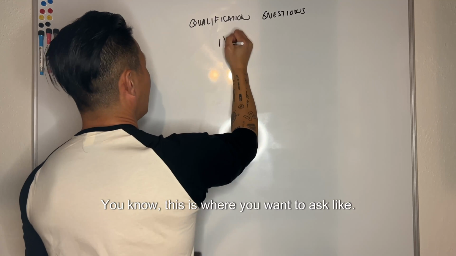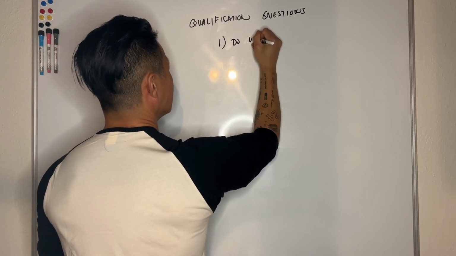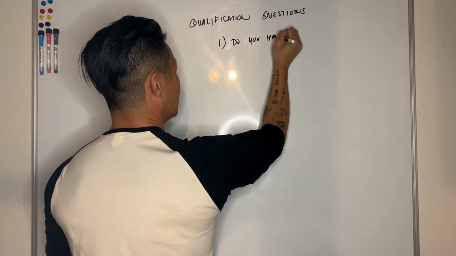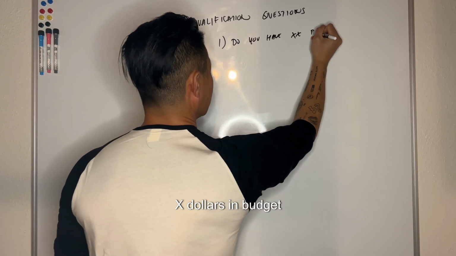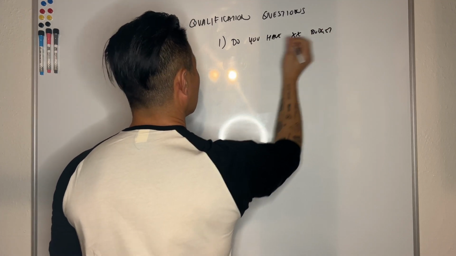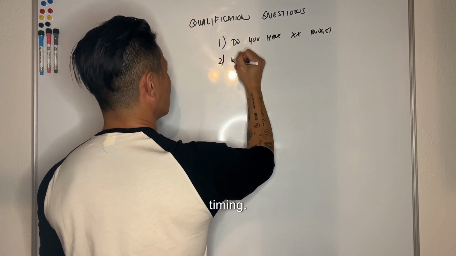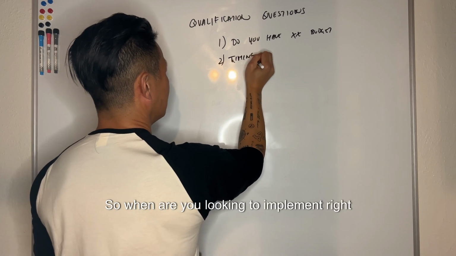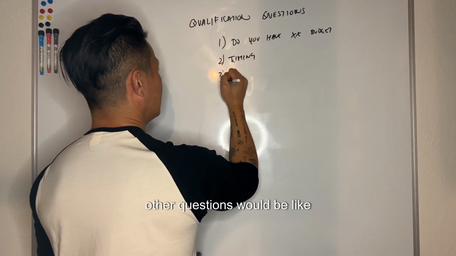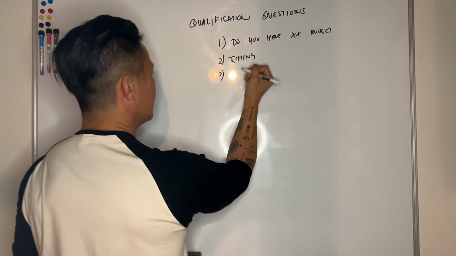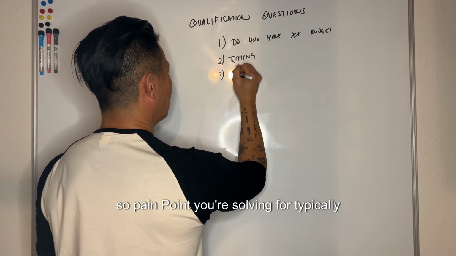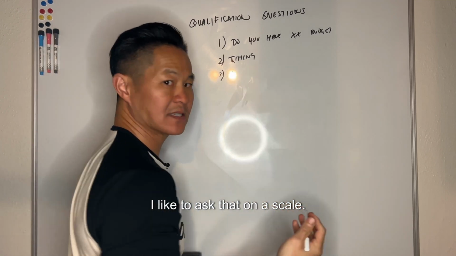this is where you want to ask, like, do you have X dollars in budget? Timing, so when are you looking to implement, right? Other questions would be like, so pain point that you're solving for, typically I like to ask that on a scale.